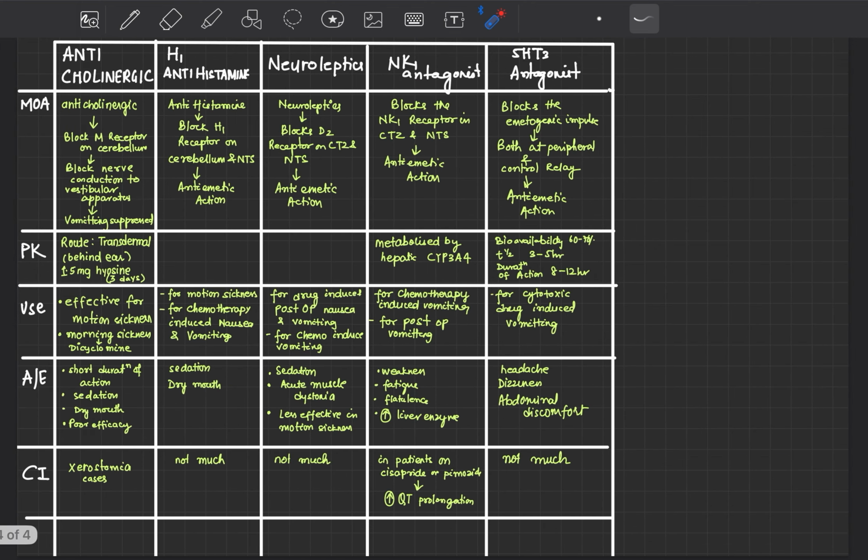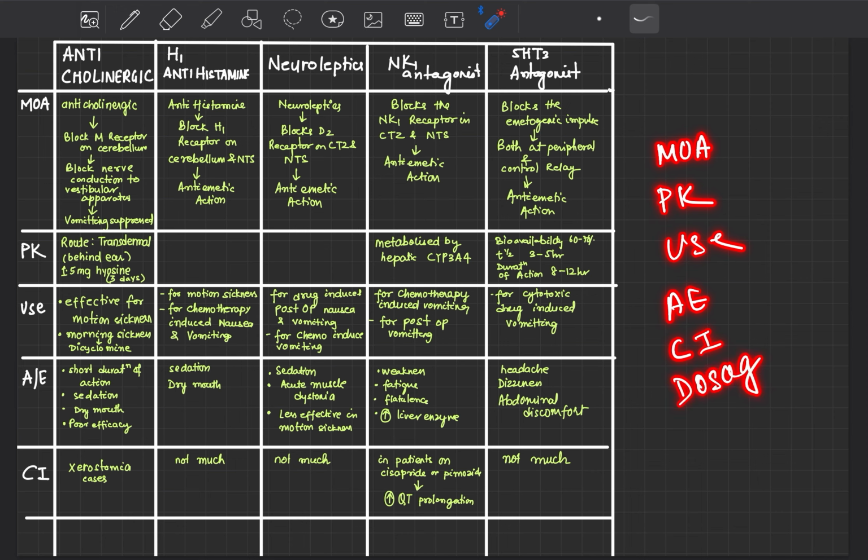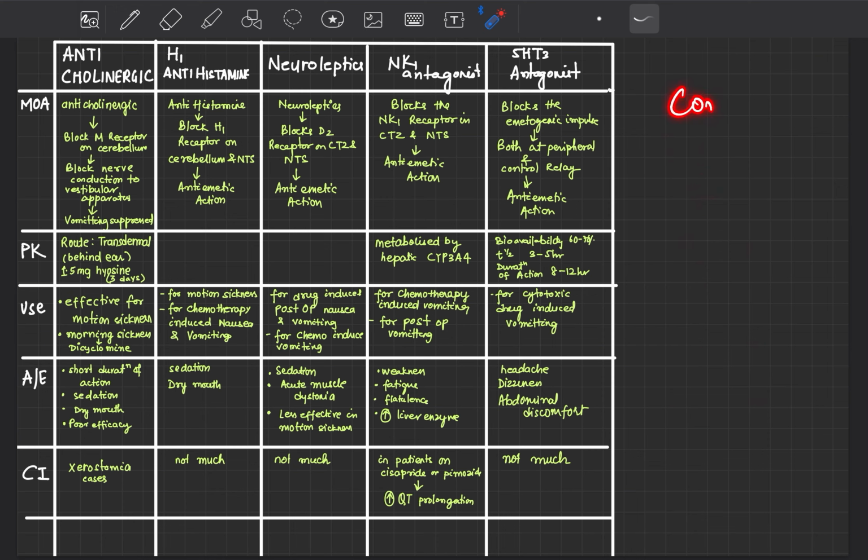A very good way to remember everything, all the key points, so that you can frame answers easily, is to make a table with mechanism of action, pharmacokinetics, use, adverse effects, contraindications, and dosage if you like to include it. Then you can compare and study.